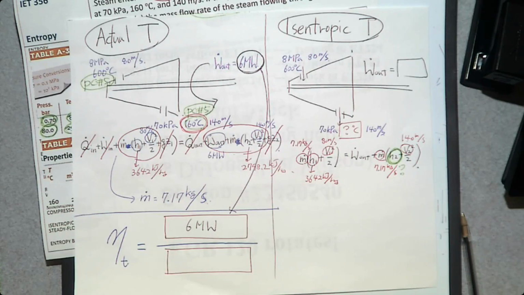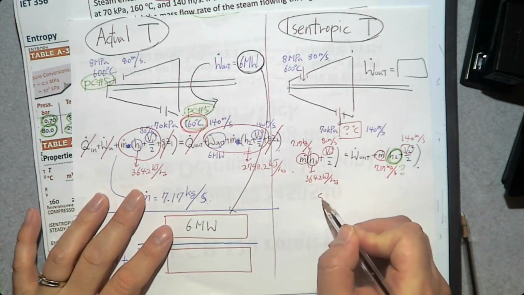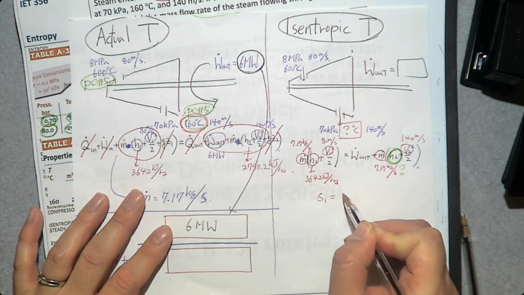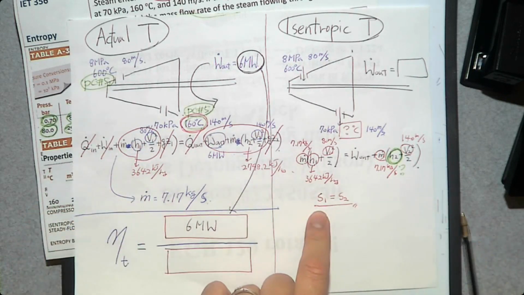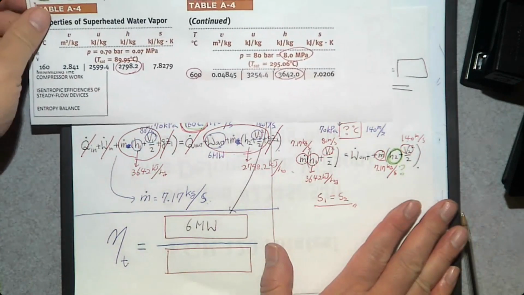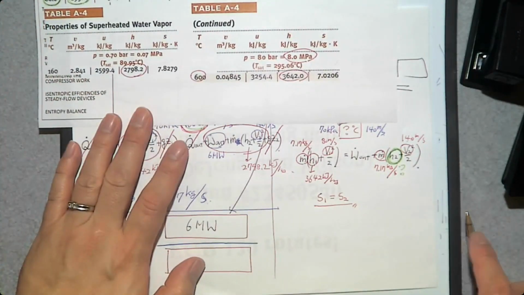So what does isentropic process mean? Entropy s remains constant. s1 is s2. Then, can you determine s1? Yeah, because we know 8 megapascal, 600 degrees Celsius, it's a superheated vapor. So what is s1?